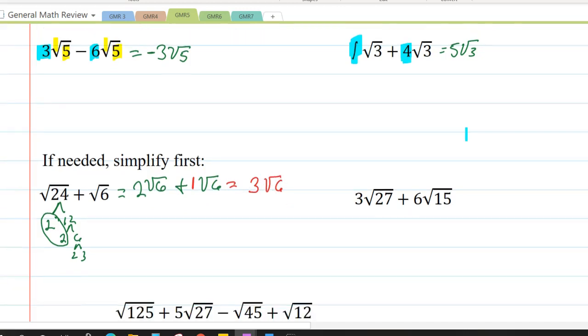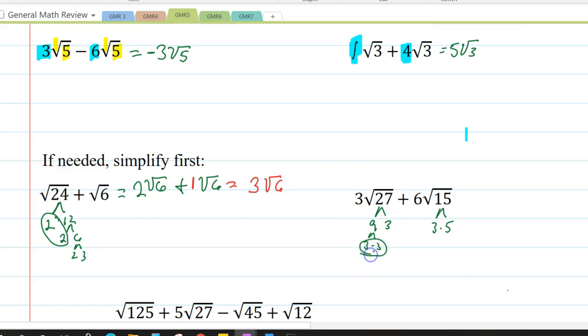And again, on the right, we're going to try to break it up and see what we get. 27 breaks into 9 times 3, and 3 breaks into 3 times 3. 15 breaks up into 3 times 5.